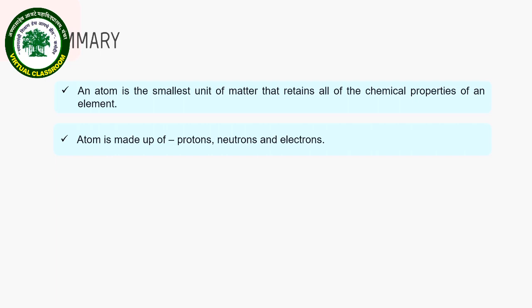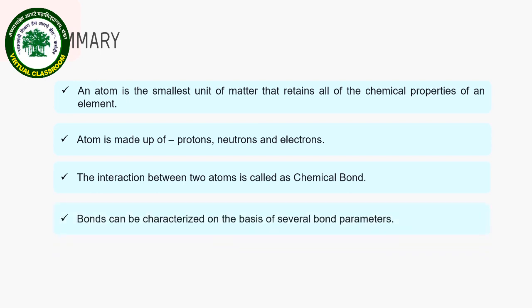Protons and neutrons are present in the nucleus around which electrons revolve in their respective orbitals. The interaction between two atoms is called a chemical bond. Bonds can be characterized on the basis of several bond parameters such as bond order, bond length, bond angle, and bond energy or bond enthalpy.